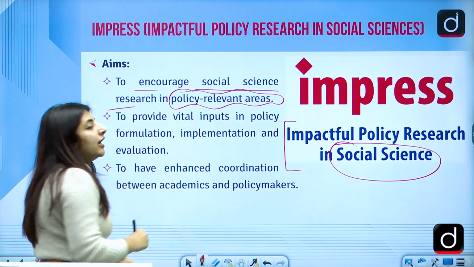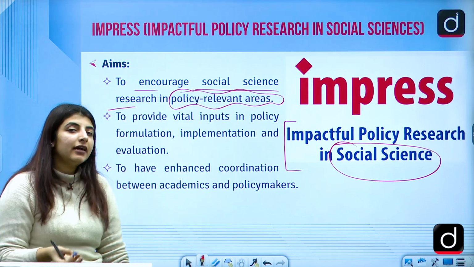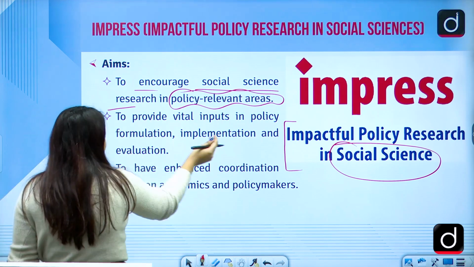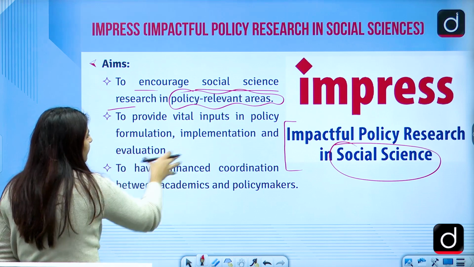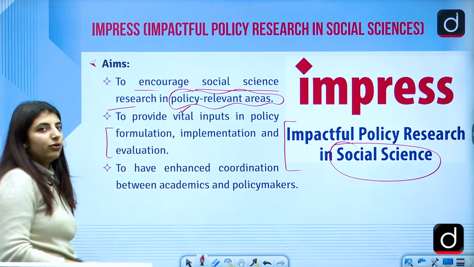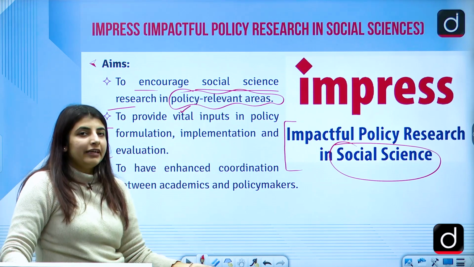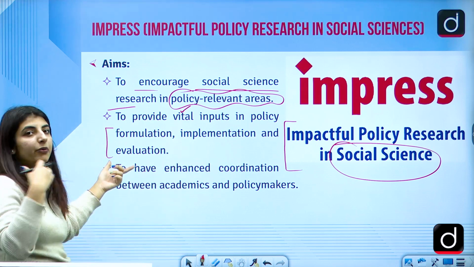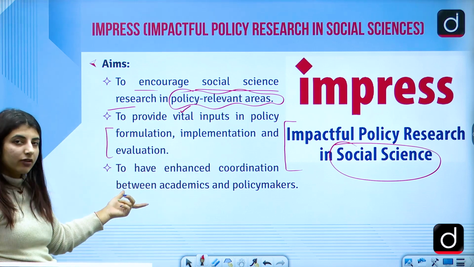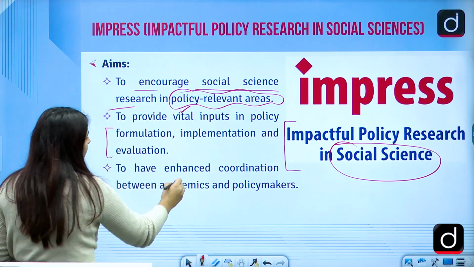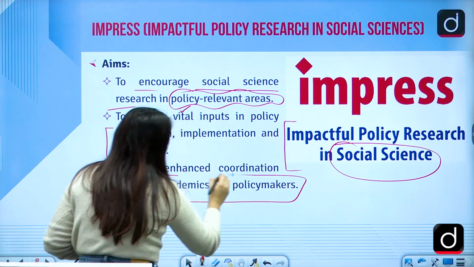If there is any reformation that needs to be done related to social science research, right? To provide vital inputs in policy formulation, implementation and evaluation. So as I told you, policy relevant areas, which are those? If they want to formulate any new policy, if they want to implement it, and if they want to evaluate the effect of that very policy on the people, right? And to have enhanced coordination between academics and policy makers.